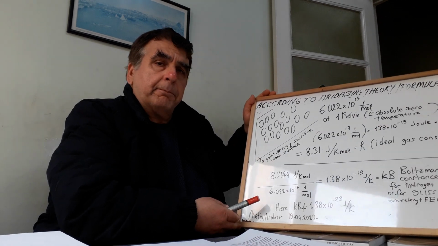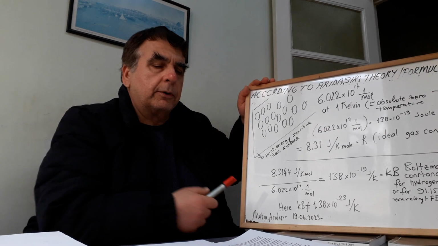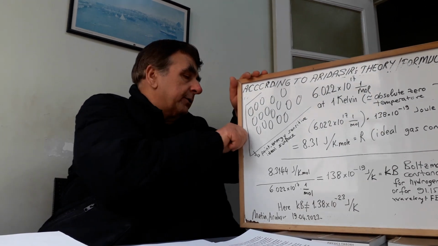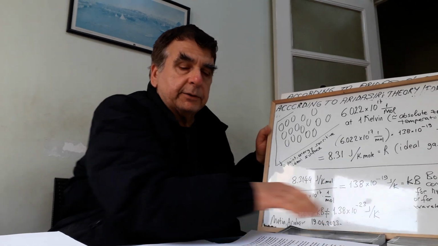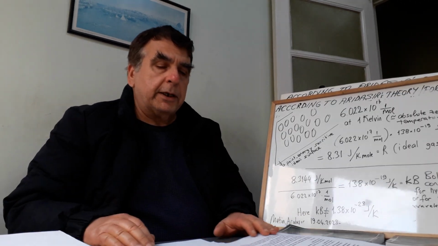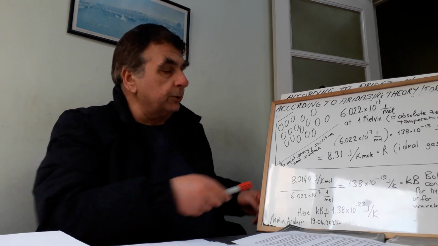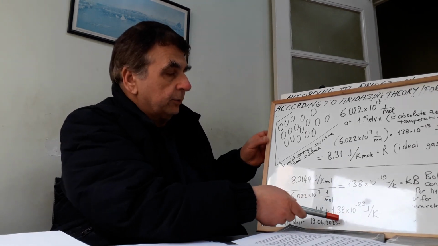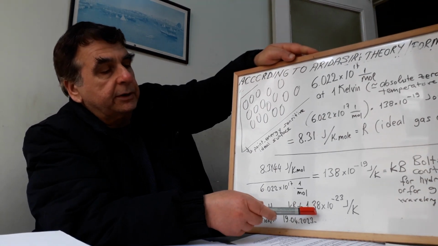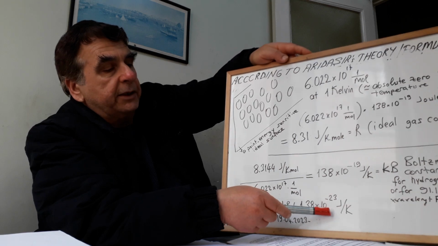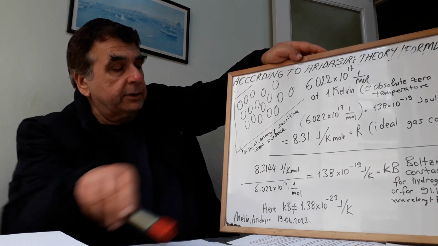This is the Boltzmann constant for a single hydrogen atom, or 91.155 nanometer wavelength size electron motion form. Now, the Boltzmann constant is not equal to 1.38 10 to the minus 23 joules per Kelvin.